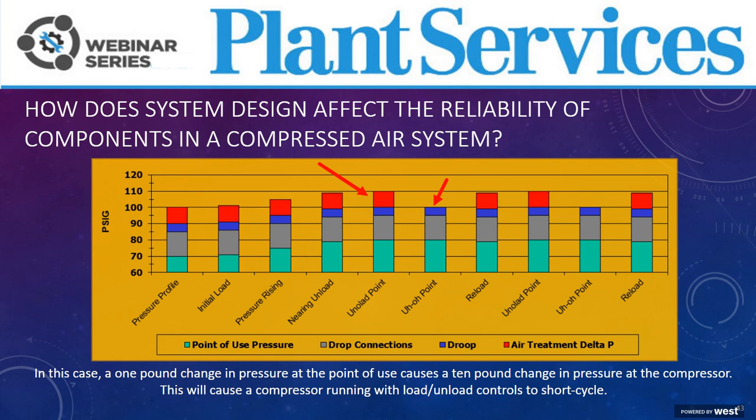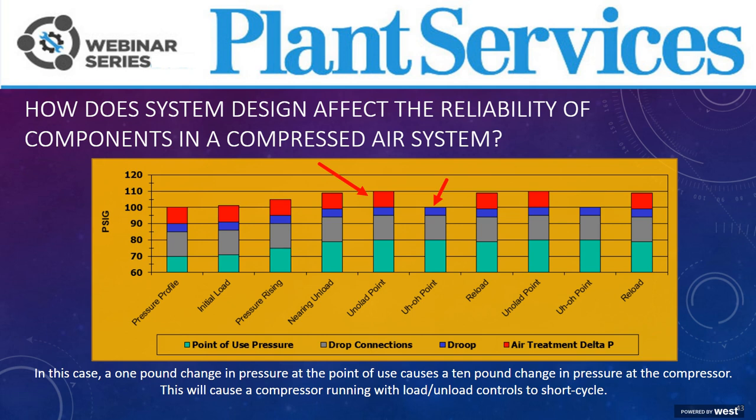Now, if you think about that, that's millions of times cycling valves, solenoids, diaphragms. That's going to result in their failure prematurely, basically. You're not going to get the life out of the equipment if this stuff is cycling like that. So it's very important to put a system together so that you don't get this kind of cycle time.